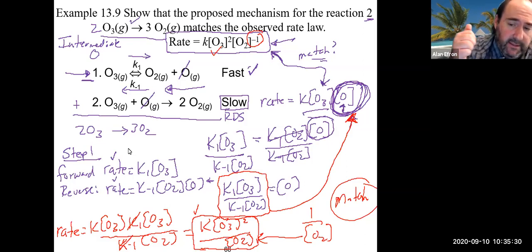Because the overall reaction, when we added up all the steps, equals the overall reaction we're looking at. And once we finally got a rate law that contained everything in the overall reaction and had no intermediates in it, the rate law for the slow step did indeed match the one found experimentally. And that means that this is a good mechanism.